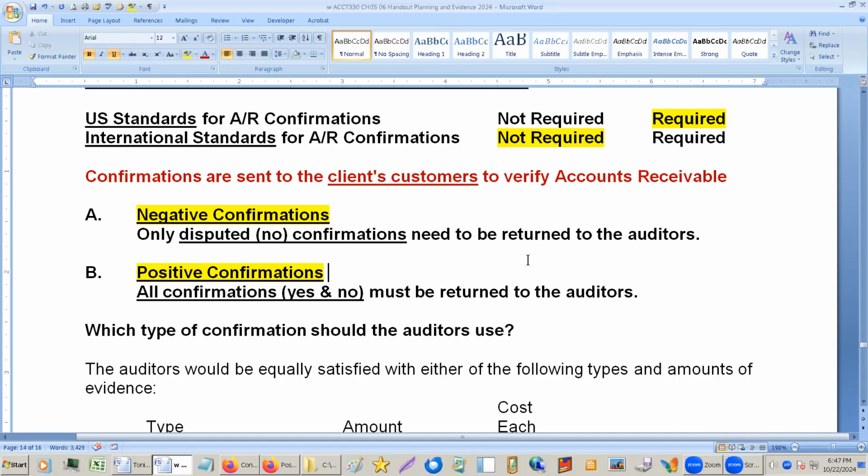So the positive confirmations are the best, but they are more expensive.